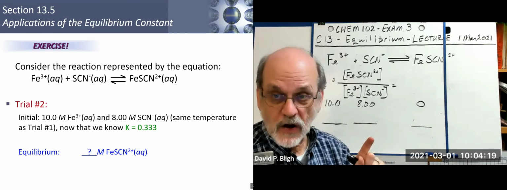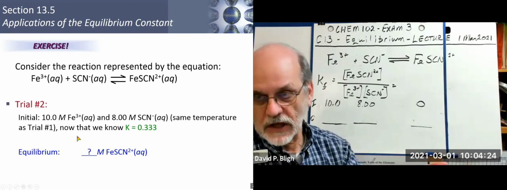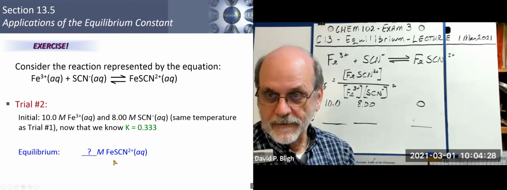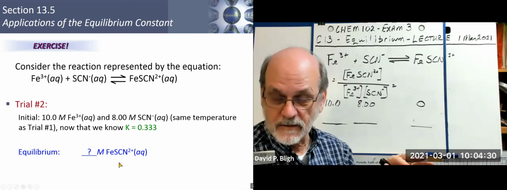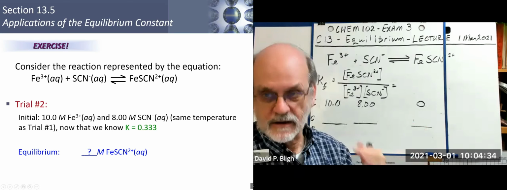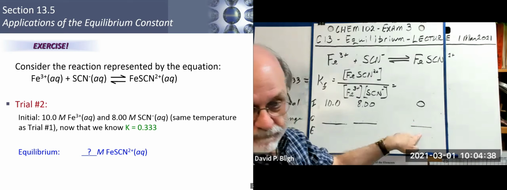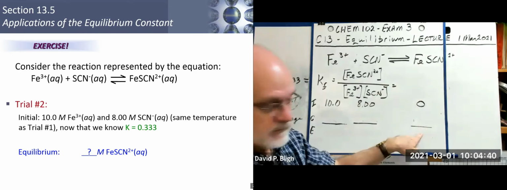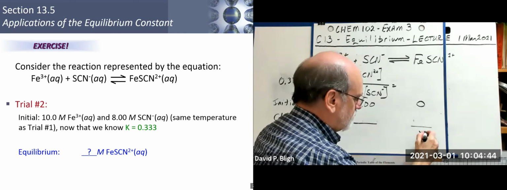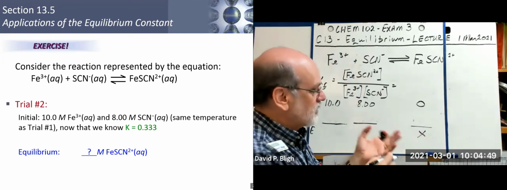If you choose your unknown such that the X value, the unknown value, is equal to the answer that you're looking for, that simplifies the whole situation. Sometimes you can't do that, but when you can, do it. We want to know what this is right here, right? So why don't we make that X? Okay, that's our unknown.